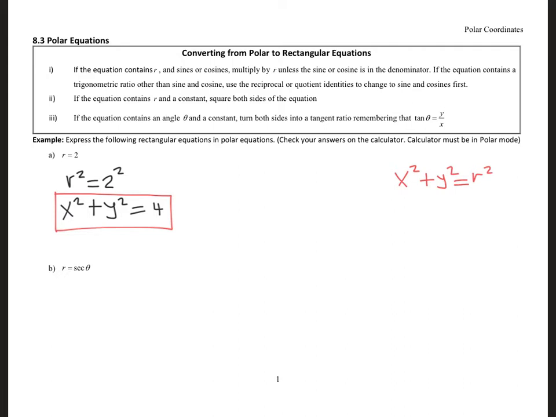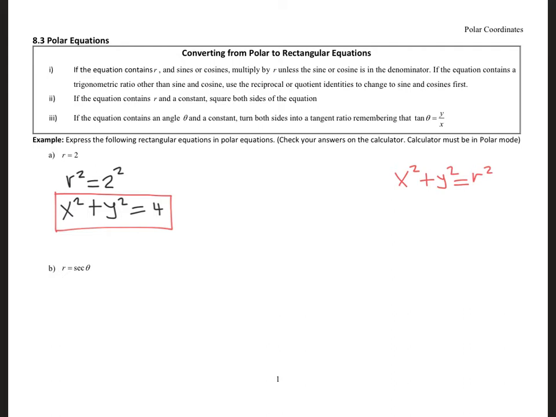For the second one, we are given the equation, but I see there is secant. And from these guidelines, I'm told if the equation contains a trigonometric ratio other than sine and cosine, use the reciprocal quotient to change it to sine and cosine.